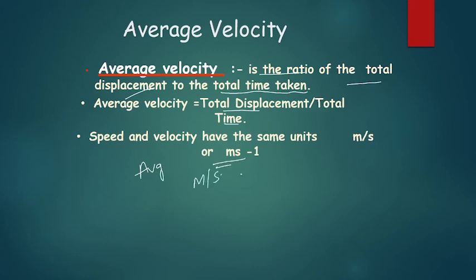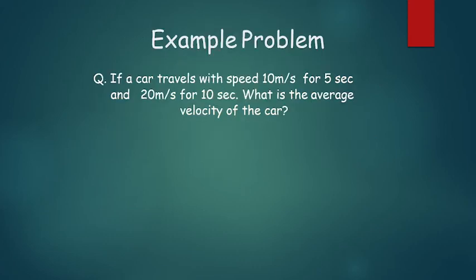Now let us see an example for average velocity. It is given that a car travels with a velocity of 10 meters per second for 5 seconds and 20 meters per second for 10 seconds. What is the average velocity? Let us see the formula.